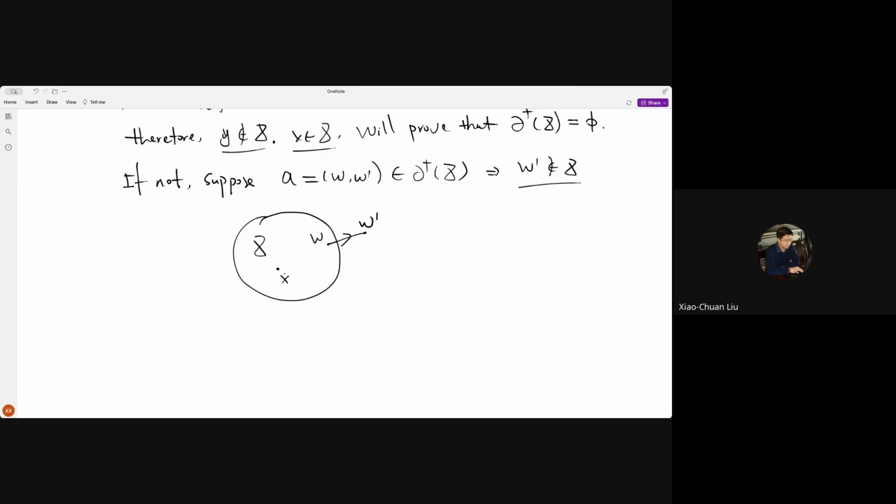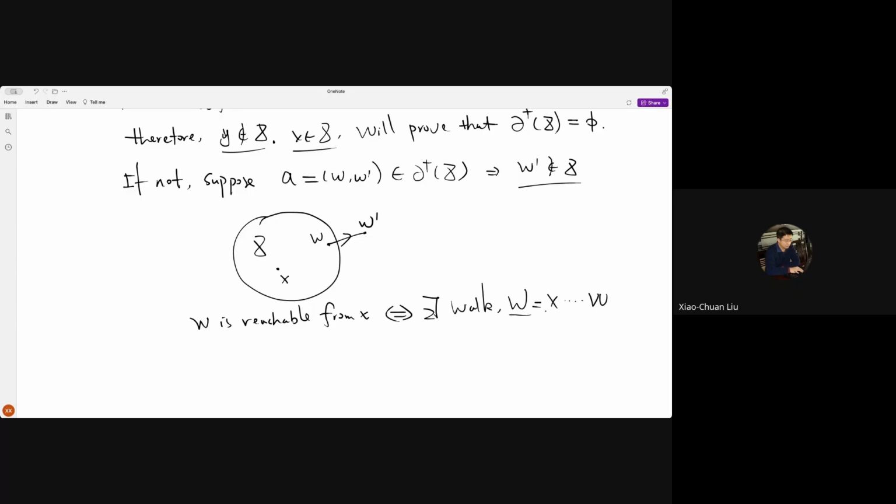Now remember, w is reachable from x, meaning that there is some walk, which we call W, which is x, etc., until w.